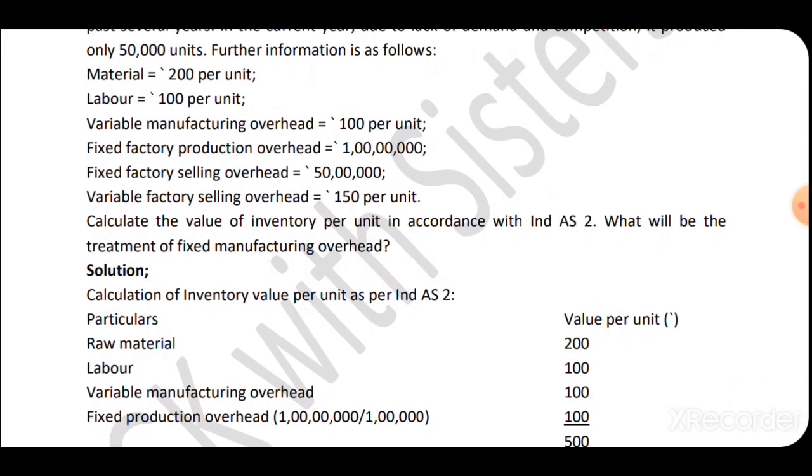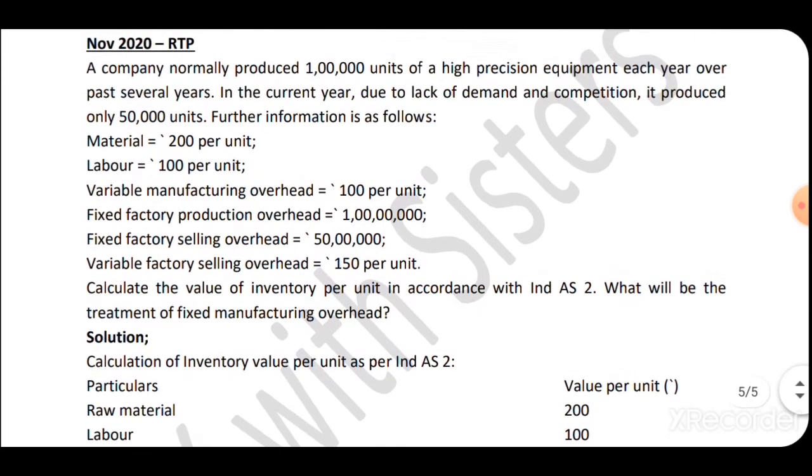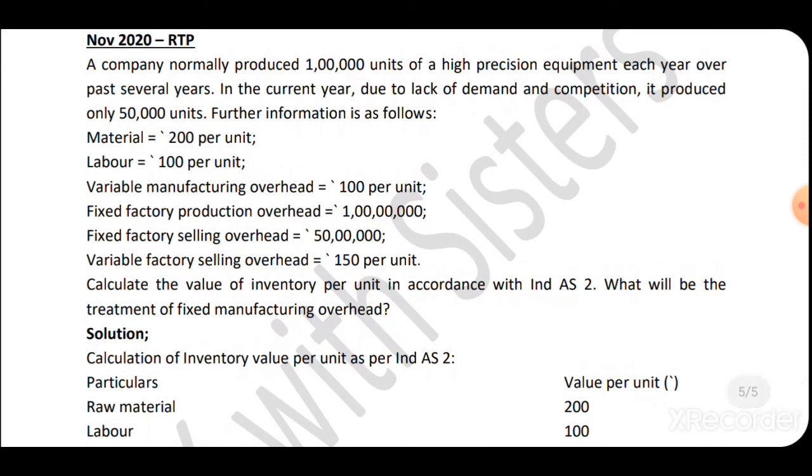Now the question is asking, calculate the value of inventory per unit in accordance with Ind AS 2. What will be the treatment of fixed manufacturing overheads? Should not be included while calculating the cost of inventory. Come, let's solve this question.